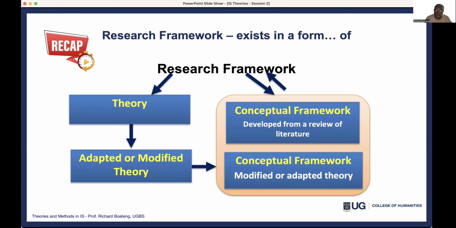But sometimes researchers also draw on the literature. They read the literature and find factors that tend to predict a relationship, let's say between loyalty and consumer behavioral intention, or between stakeholder interest and project outcomes.